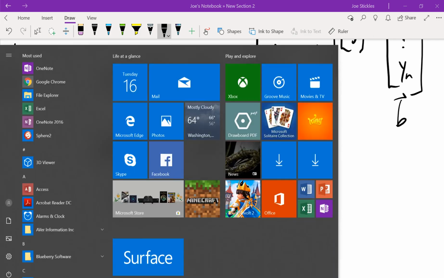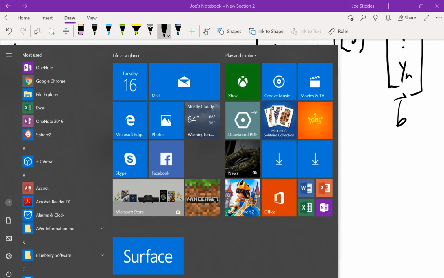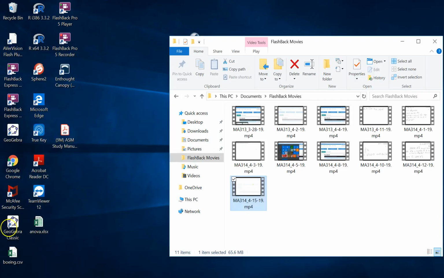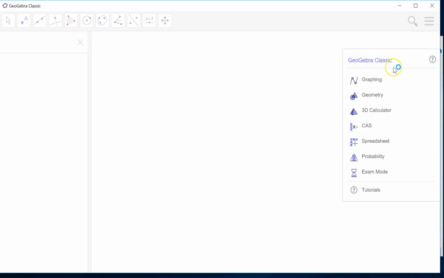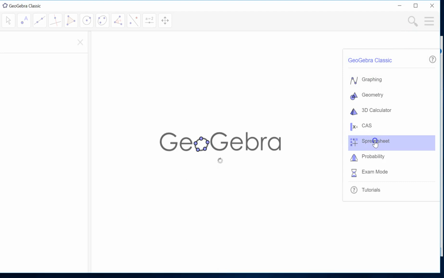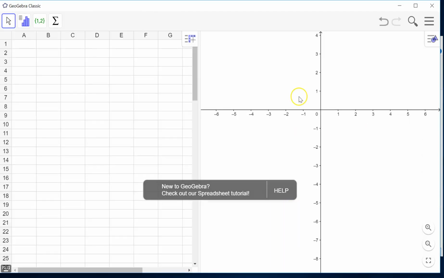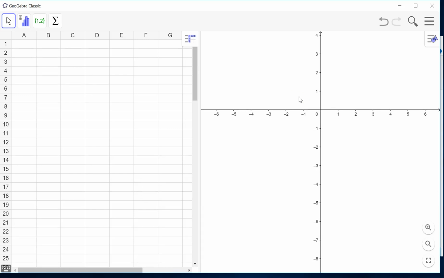in GeoGebra here, let's just put in some points and see what happens.